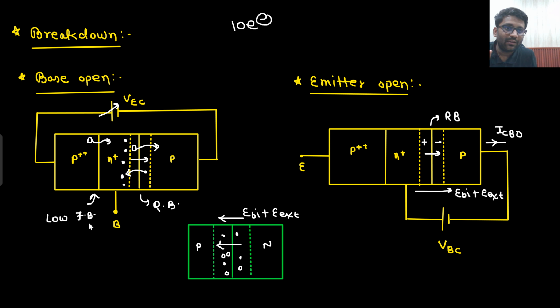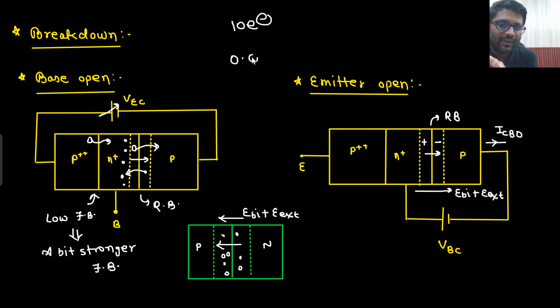Initially I said that this is a low forward bias, but because of this breakdown, this has become a bit stronger forward bias. Previously I said that here 5 volt will be dropped and here 4.99 volt will be dropped. That means I am having a forward bias of 0.01 volt, which is not very large.